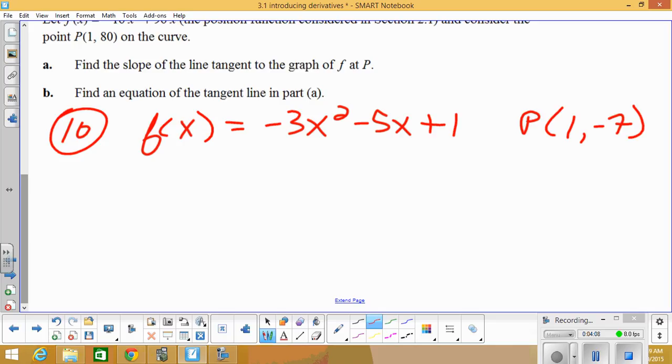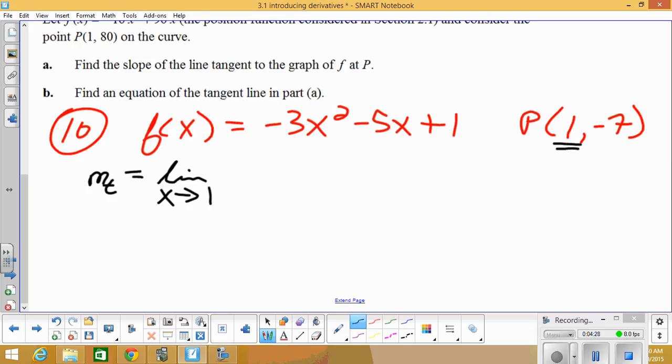So I'm going to do the process that we were doing earlier. The slope of the tangent line is equal to the limit, and I want to approach A, or in this case, the 1 in my point.